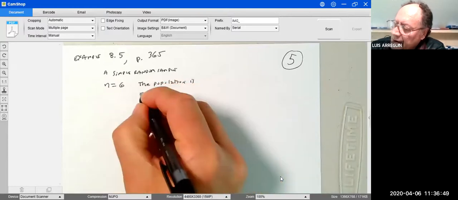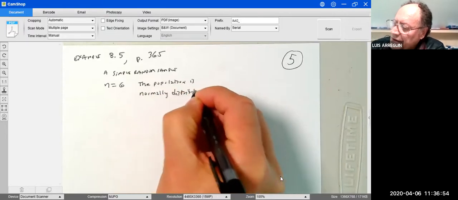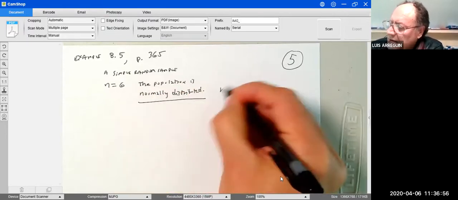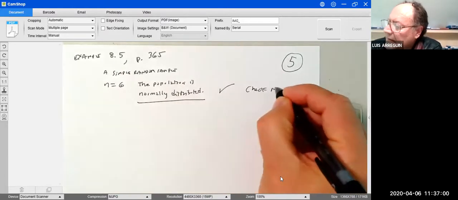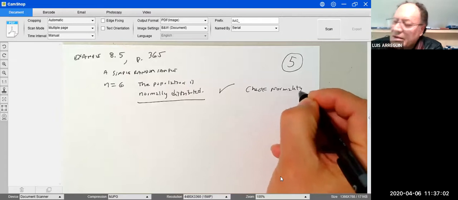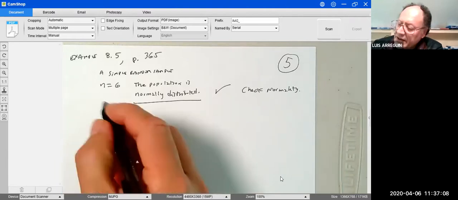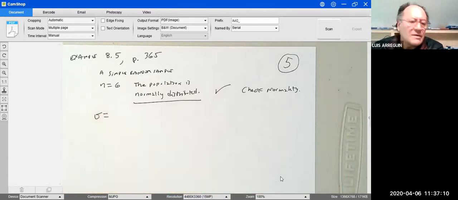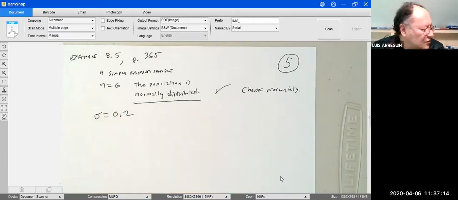So that means that normality is fine. We check normality, and the assumptions are met. Then they say also that the standard deviation from past experience is 0.2.